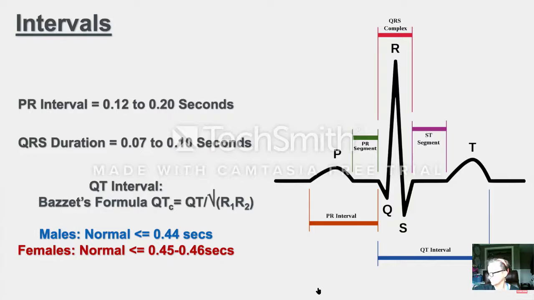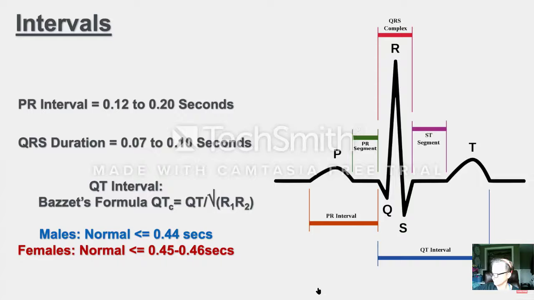In males, the normal QTc is less than or equal to 0.44 seconds, and in females, the normal QTc is less than or equal to 0.45 to 0.46 seconds. These are, again, important with regards to certain medications. They can prolong the QT, and there are other instances where we want to keep an eye on that as well.